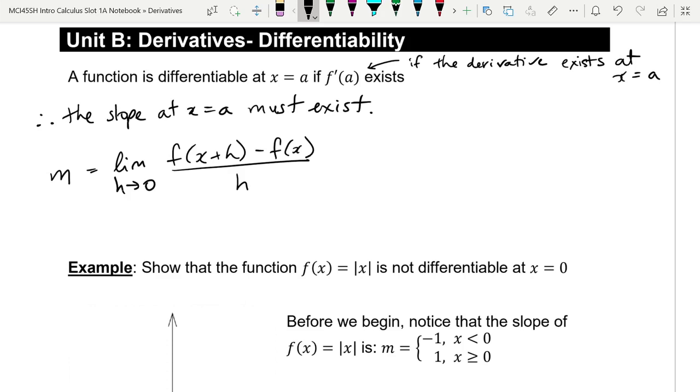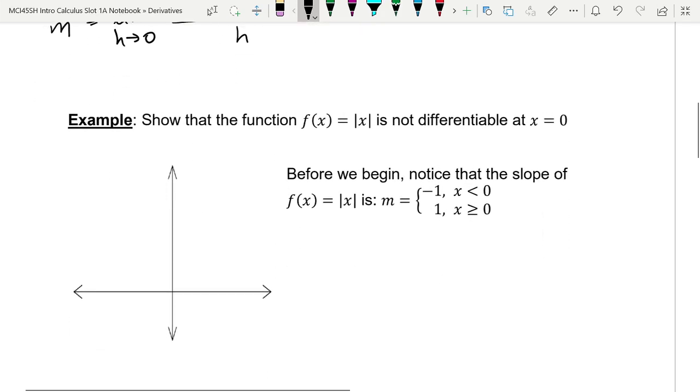All right, and for our example here, let's show that this function is not differentiable at x equals 0. So what is that function, first of all? Well, it is this v thing, right? It goes through 1, 1, it goes through negative 1, 1, and then 2, 2. You get the idea. Basically, it's linear in two directions with reciprocal slopes.